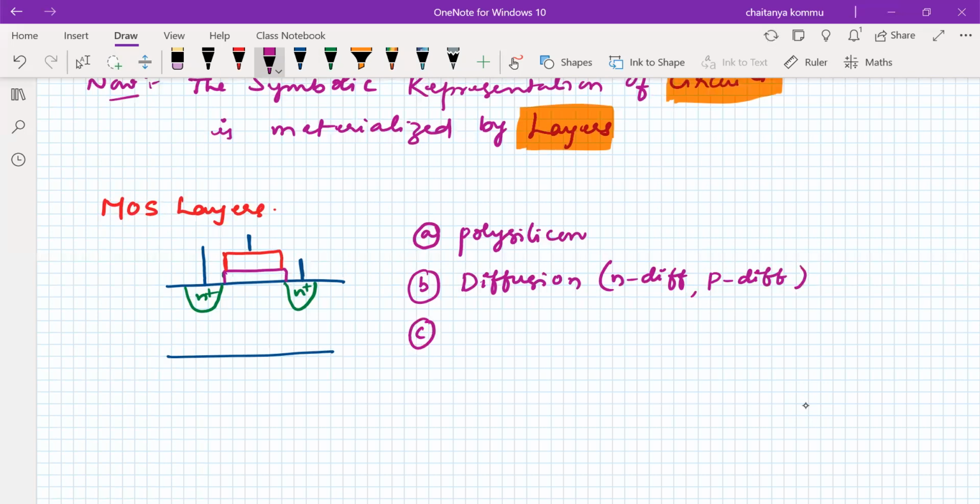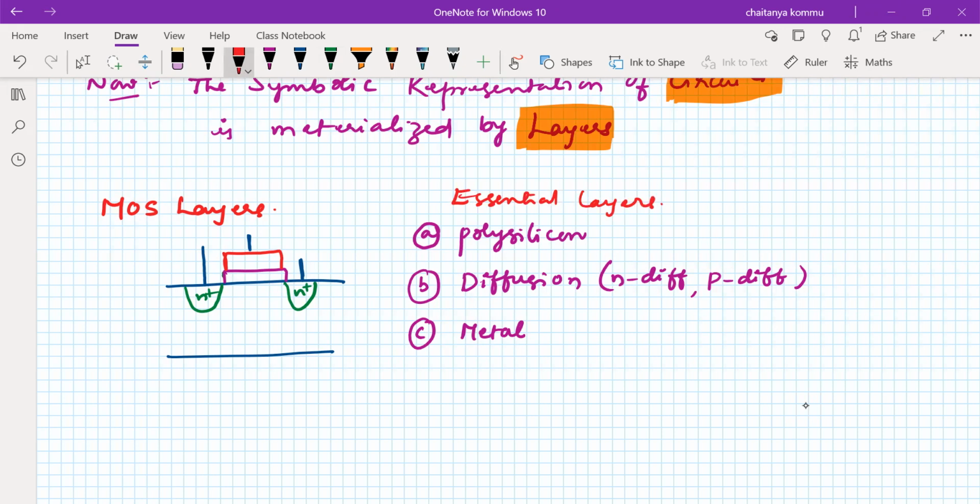The third one is metal. So out of all the materials that we use in a MOSFET, these are the essential materials that normally we use for a transistor. So I can simply write here: essential layers.